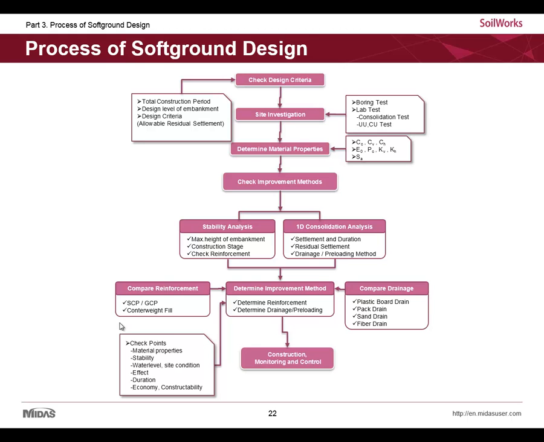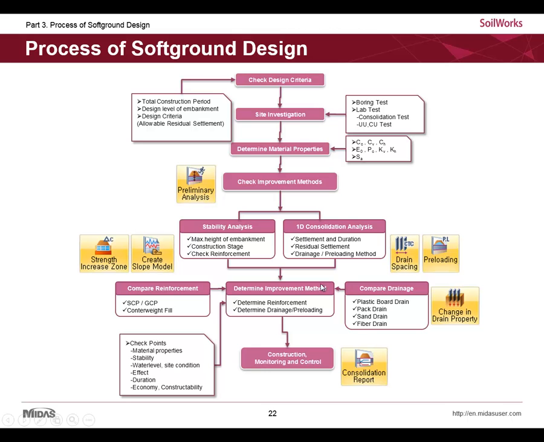During this process, SoilWorks can be used to make a decision for this step. And today we will experience all of the steps with SoilWorks. Preliminary analysis can entirely substitute for Excel.